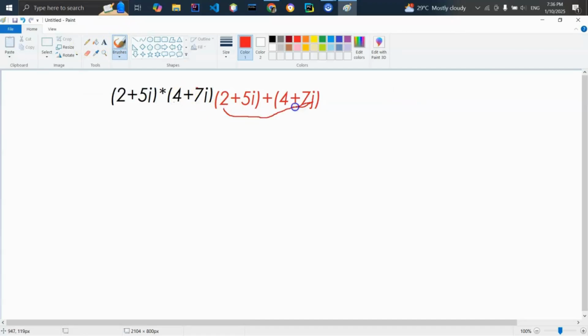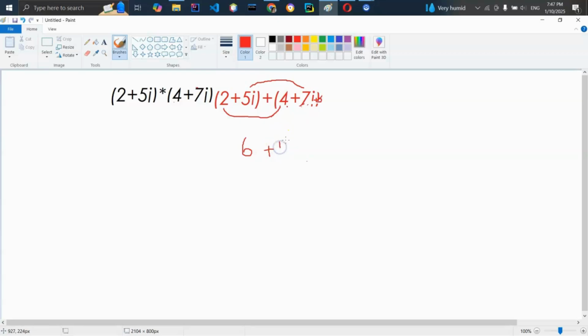You should add first real numbers like this, and you should add complex numbers together.